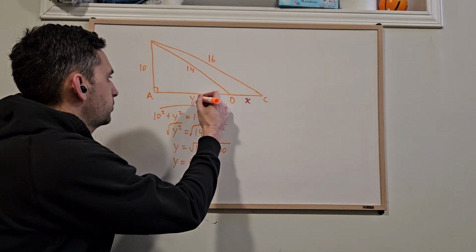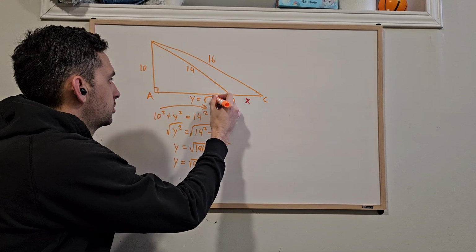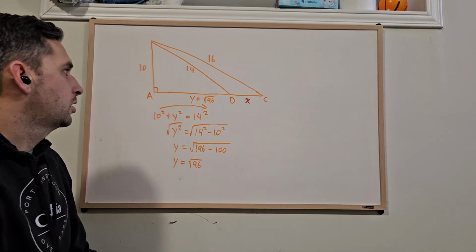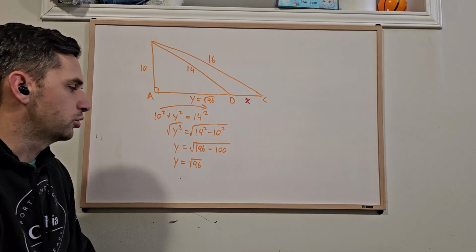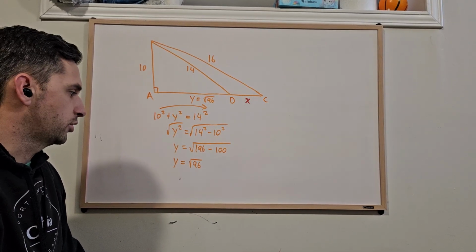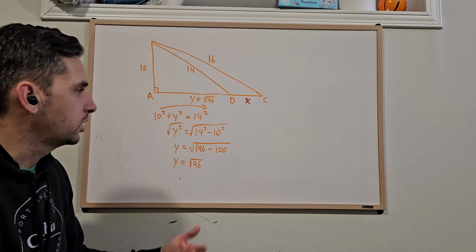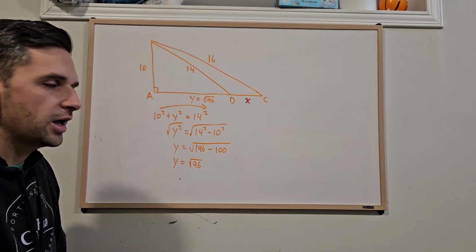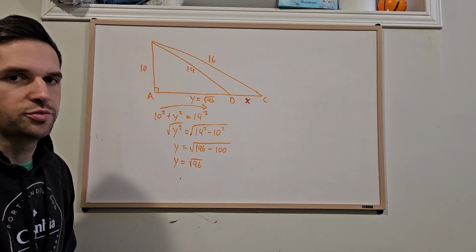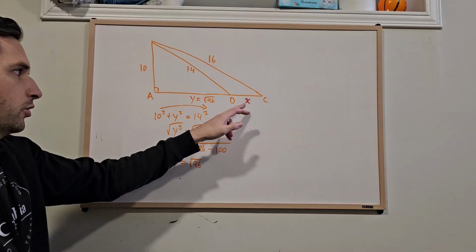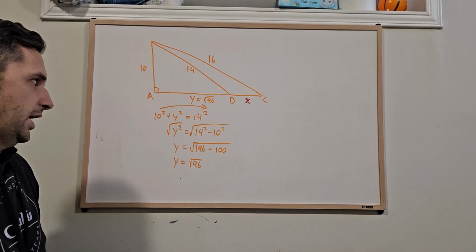Here you can choose to leave it as the square root of 96, or you can convert it to a decimal. It doesn't matter at this point since this is just an intermediate value, that's not what we're looking for. Our main goal is to find this x.